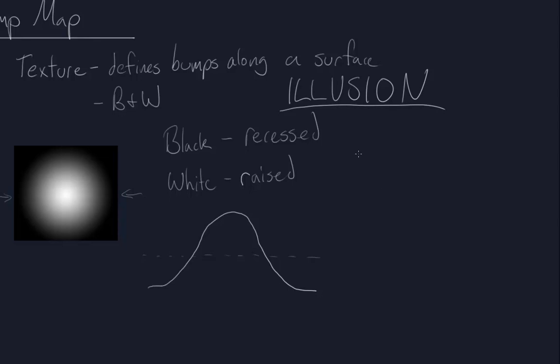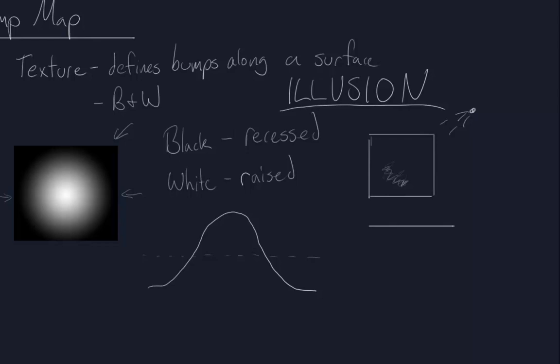As a matter of fact, if I had a polygon plane, like so, and I put this bump map on it, and I put a light over here, so here's my light, and it's shining light, we would actually be able to see a little bit of shadowing on the edge of where that lump is. However, if I took that plane and rotated it edge on, it would still remain perfectly flat. And I can prove it. Here's a fun way to prove it.